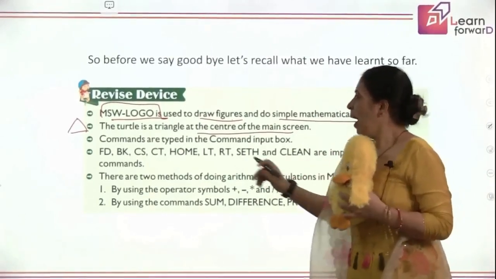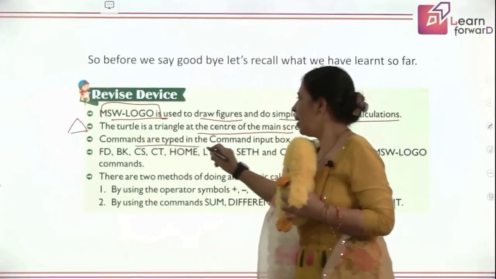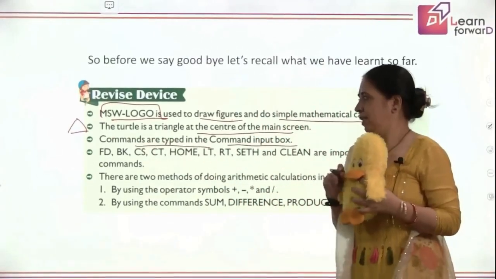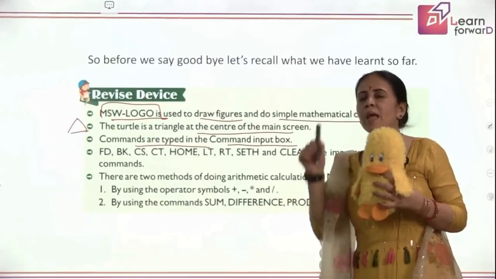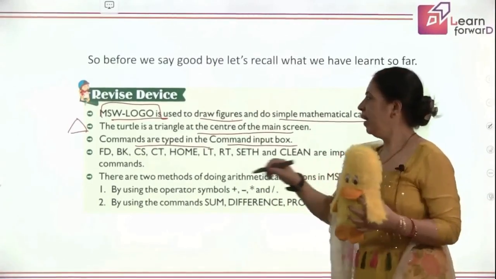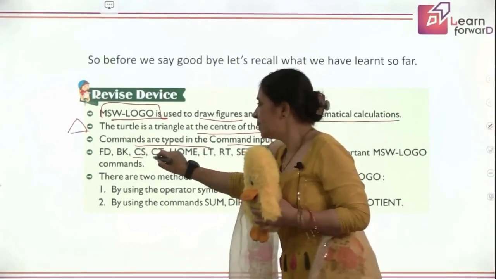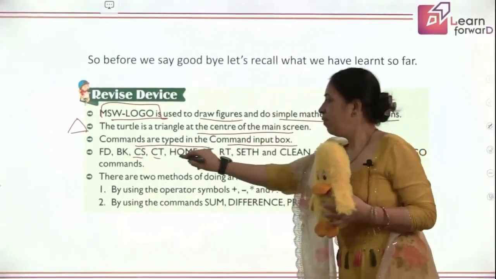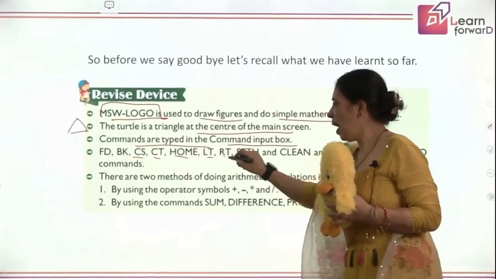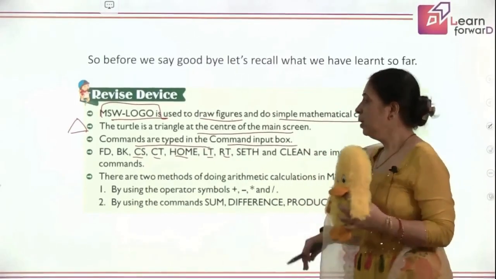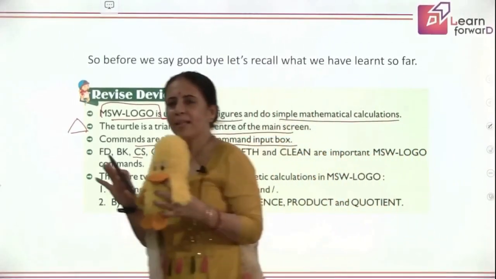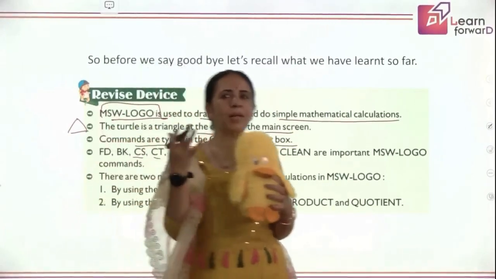And then your commands are always given in the command window. We have learned about different commands, FD, BK, CS, then CT, then we have home, LT, RT. So many commands we have done, clear, clean. Okay. So just keep trying these commands. We'll be exploring them ahead.